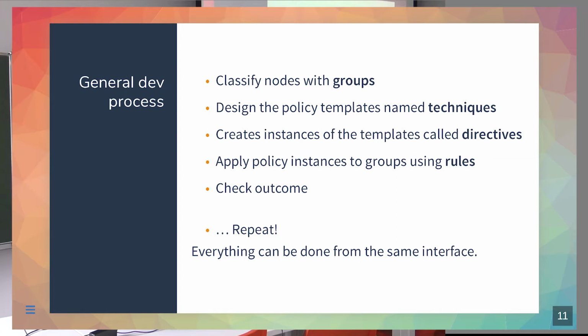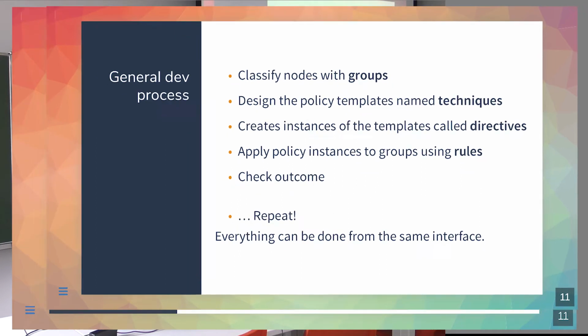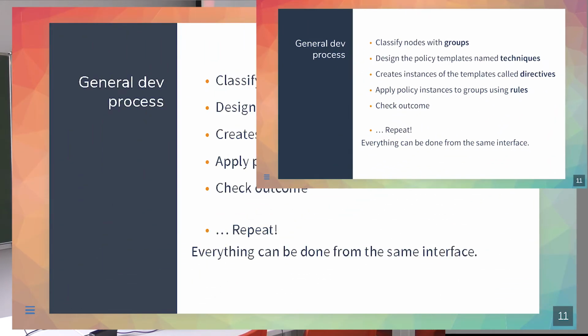Then we'll design the policy templates or the configuration templates we want to apply, called techniques in Rudder. We'll create instances with a particular configuration called directives, and then we'll make the link between the policies and the groups so that policies are actually applied. And that's basically the development process, and everything can be done through the same web interface.